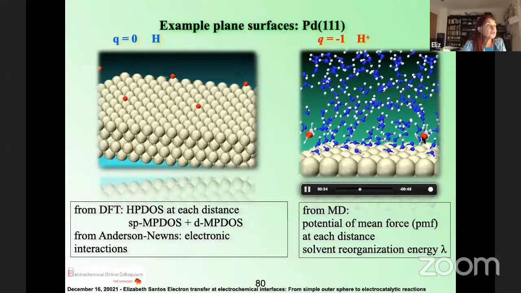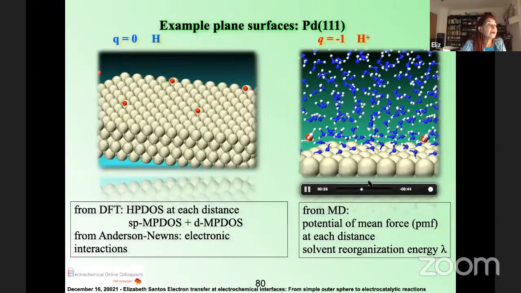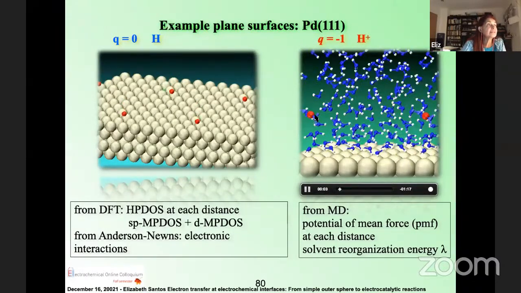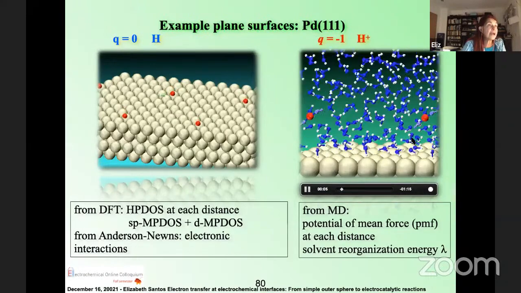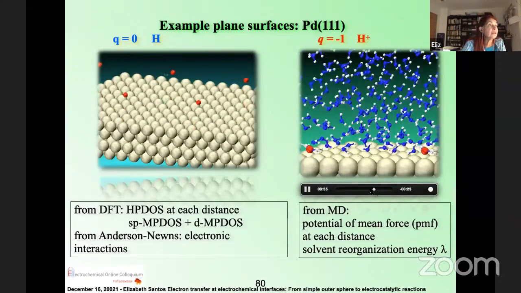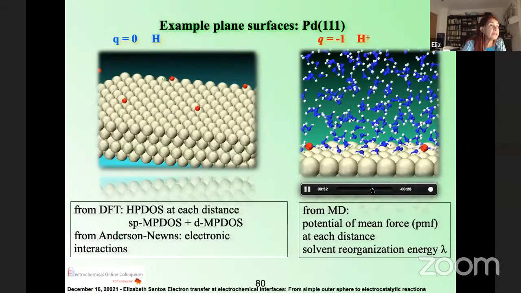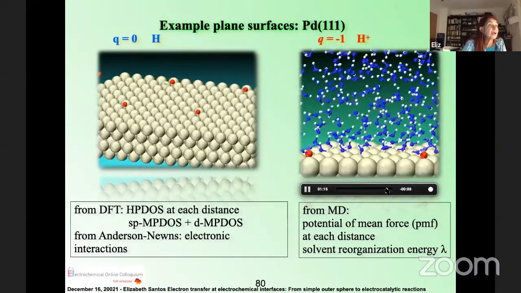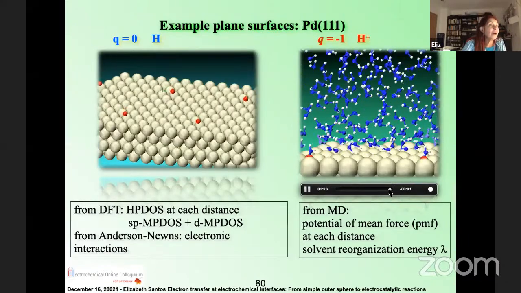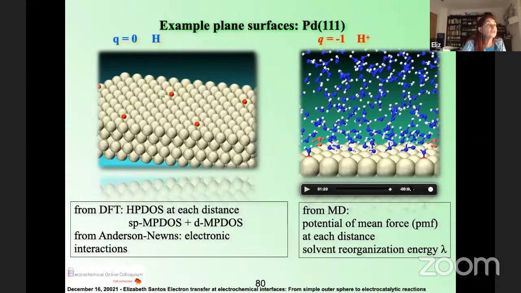Here it's interesting to see that far away our proton is the Zundel ion, and when it approaches the surface, it loses some of the solvation shell, and at the end you see there that only one water molecule is with this hydrogen, and at the end it loses also this one, but there is no more charge.